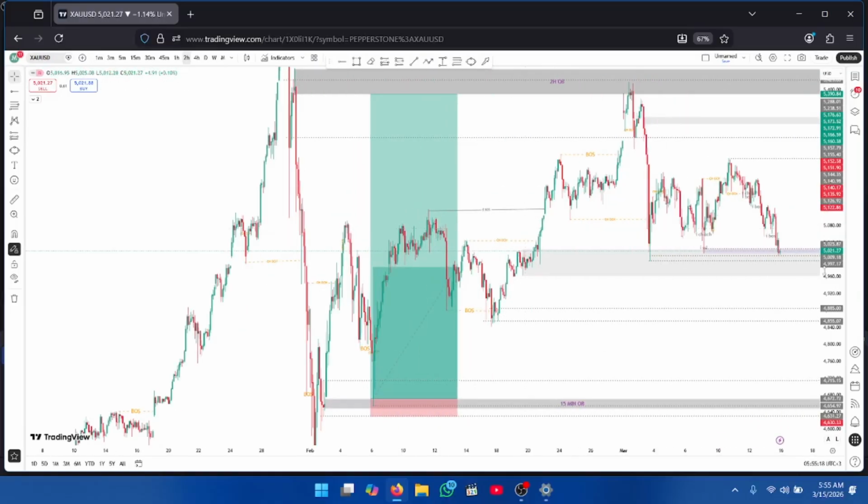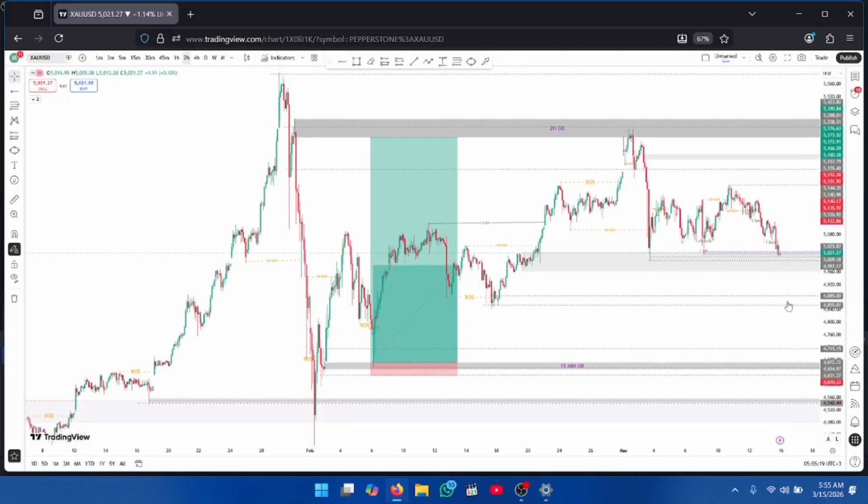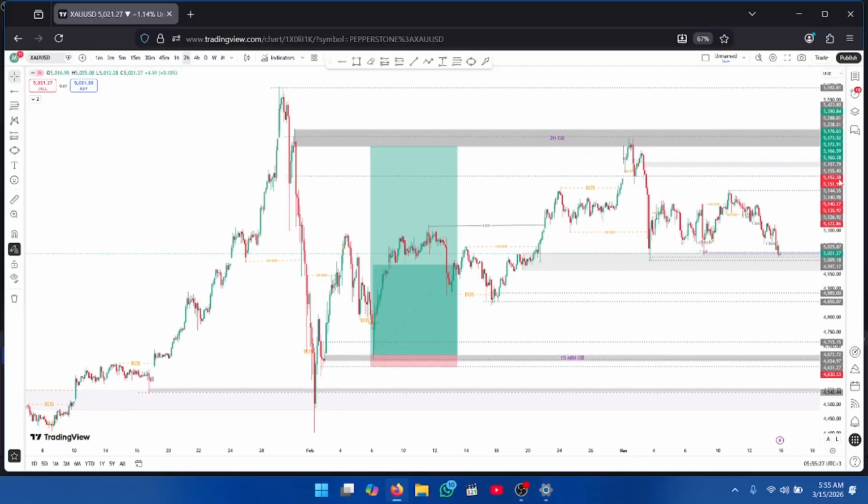Because after the market reacts from this level, we have a very high chance that we're going to take out our all-time high level, which is about the $55.92 level.